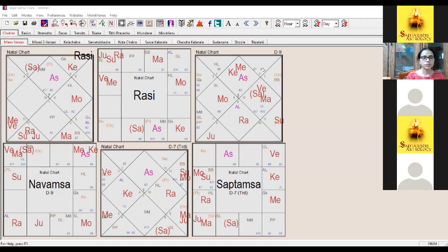First we have to start with D1 chart. In D1 chart, Saturn is in second house. Okay, the lord of fifth house and the fourth house. So Saturn is connected with the fifth house. It means it can give the result related to fifth house child matters.